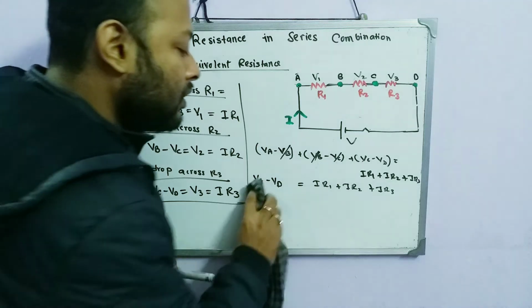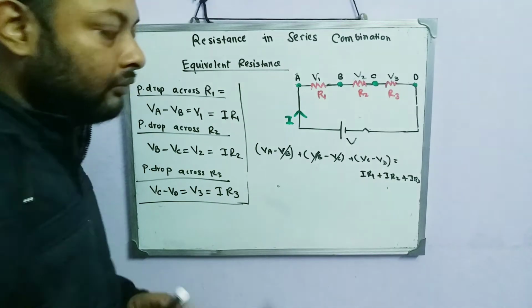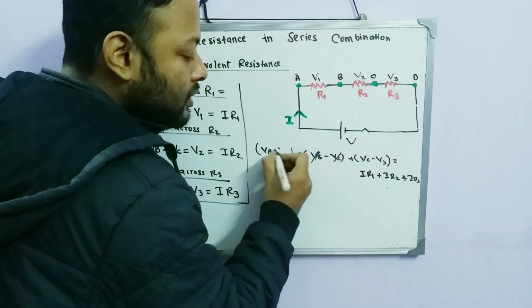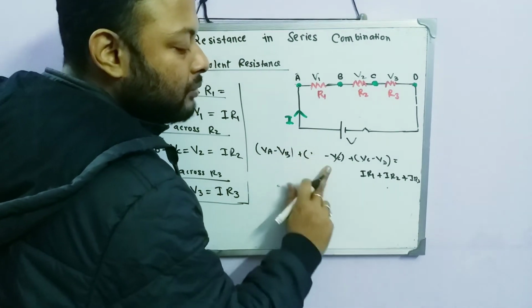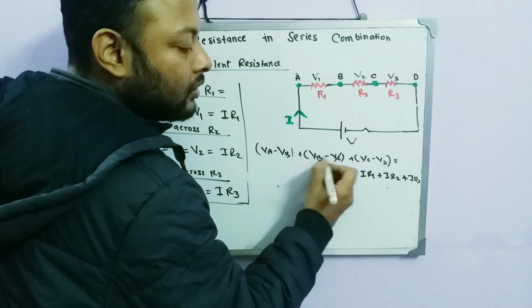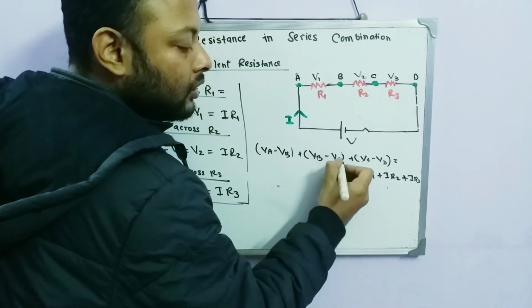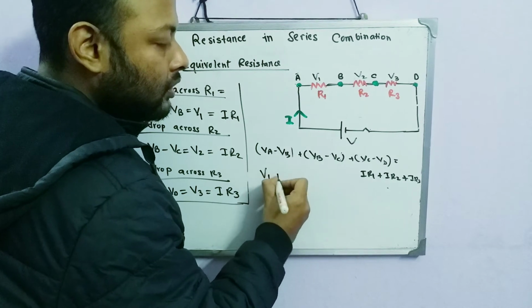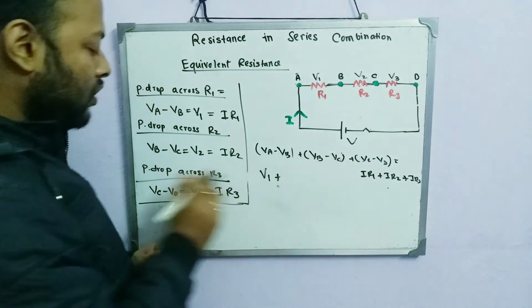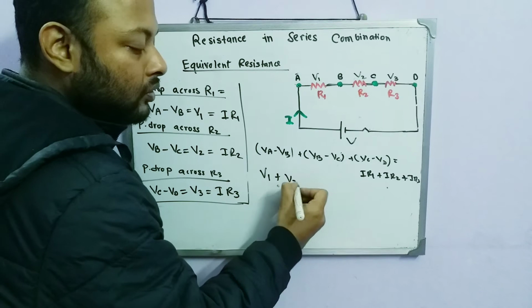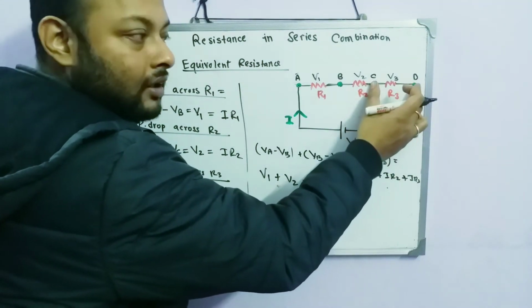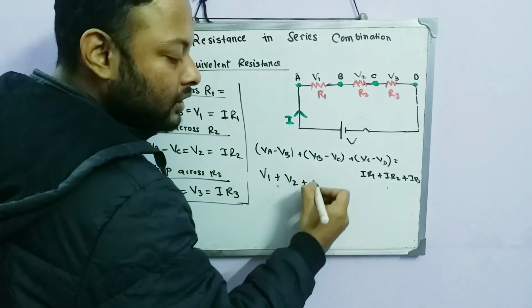Or if we are having a problem in understanding this part, I can do it in this way also, so it will be better for you to understand. If I don't cancel this VB and all these things, VA minus VB is equal to how much? V1. VB minus VC is equal to V2. And VC minus VD, the potential drop across these 2 points, is equal to V3.